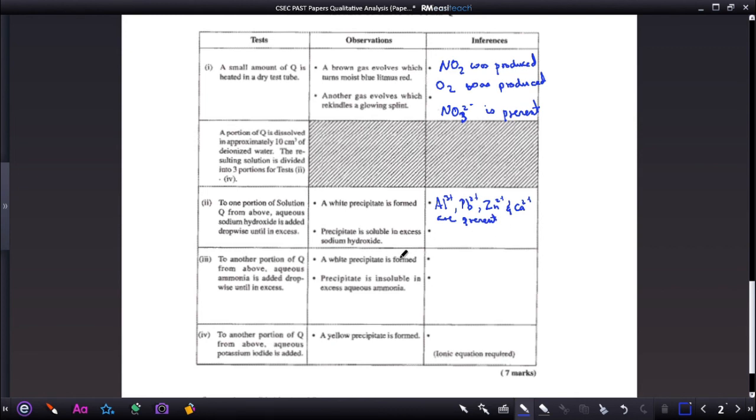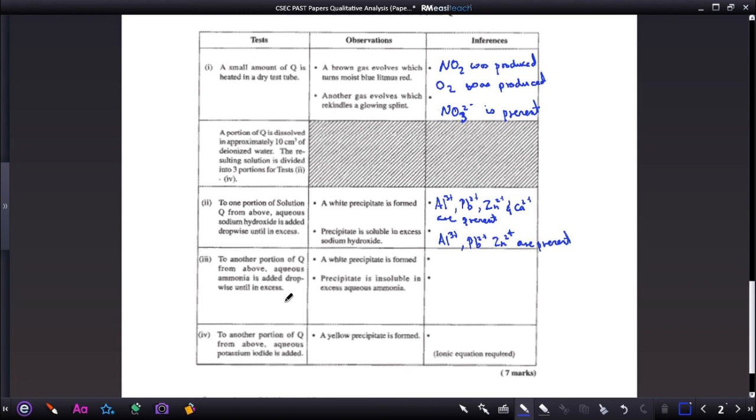Okay, now the precipitate is soluble in excess. Of the 4, only 3 are soluble in excess, and those are aluminum 3+, lead 2+, and zinc 2+. So these are the ions that remain when excess sodium hydroxide is added.